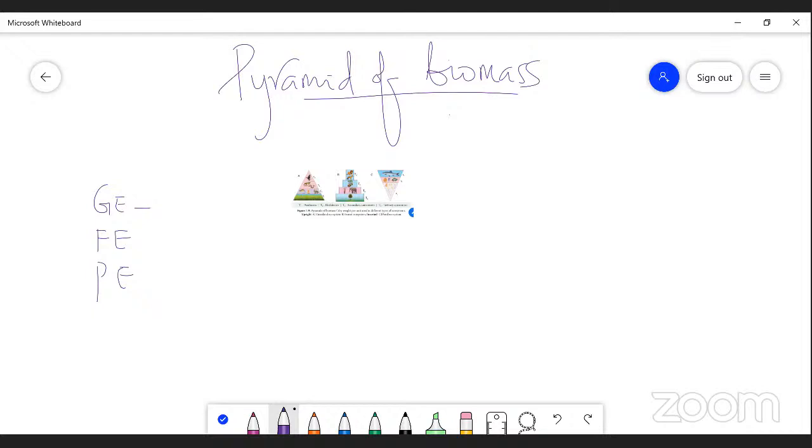Here G refers to grassland ecosystem. There is a gradual decrease right from T1 to T2, T3, T4. So simply it stands for the pyramid of biomass. There is a gradual decrease of organisms from one trophic level to another trophic level. Hence it forms an upright shape.